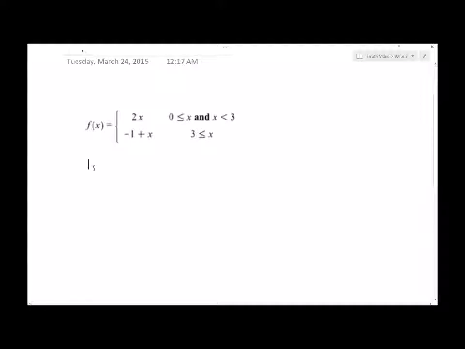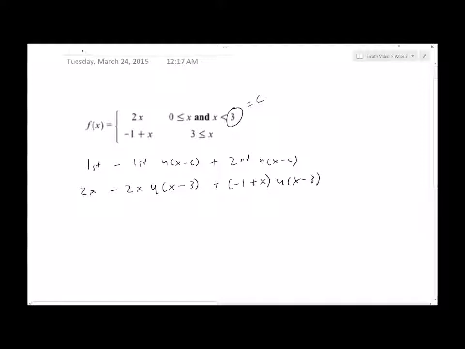It's first minus first u of x minus c plus second u of x minus c. Now this first and second refers to lines. So what this means is we're going to have 2x minus 2x u of x minus c. And c is always the upper bound here. So this is c. x minus 3 plus second, which is negative 1 plus x u of x minus 3.